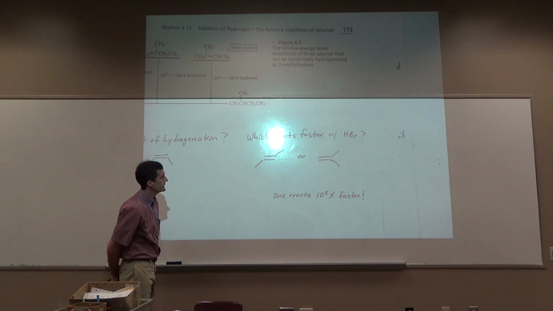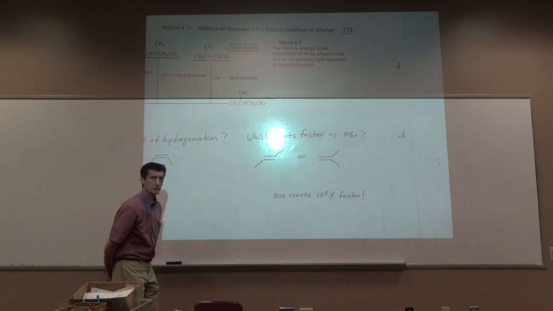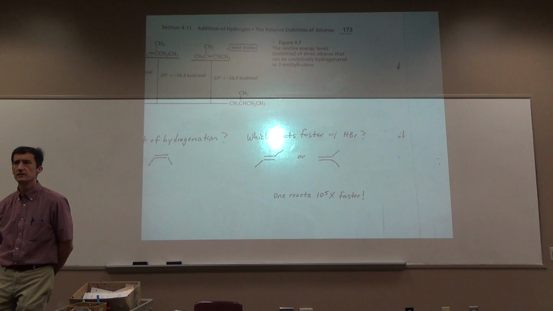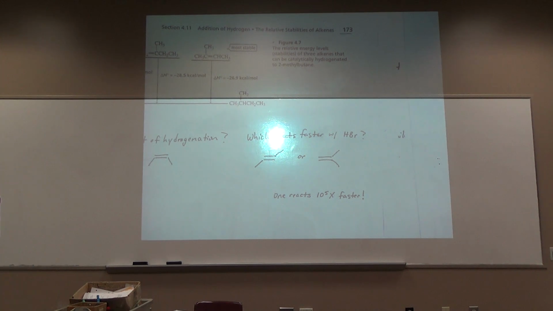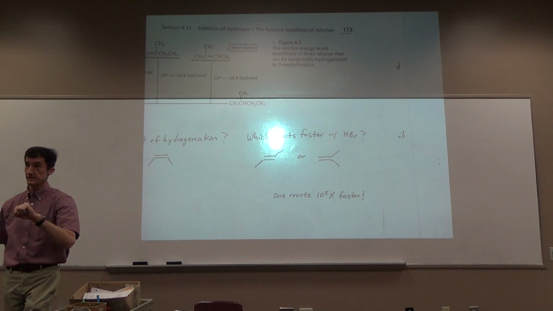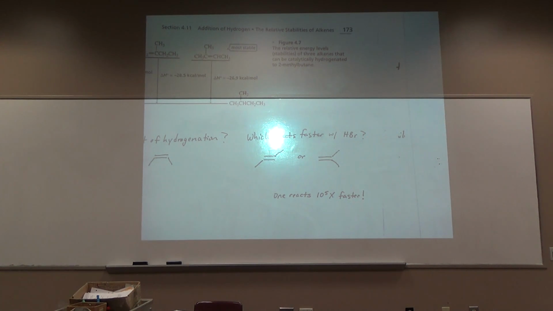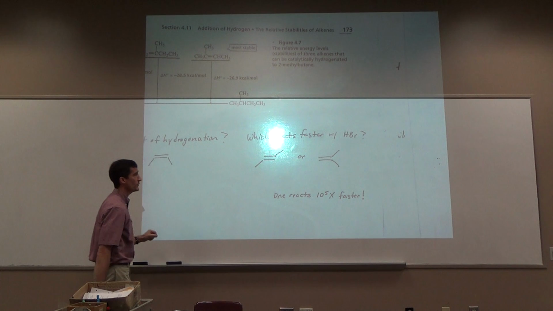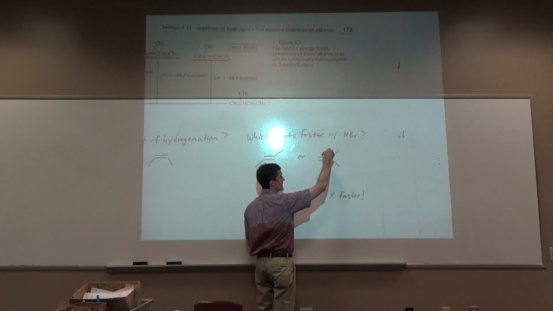Which reacts faster with HBr? What's the rate determining step for this reaction? Formation of the carbocation. Which one's going to form a carbocation easier? Because we're talking about faster, you need to look at the rate determining step. That's the one that influences the rate. If you made a carbocation here, what type would it be?